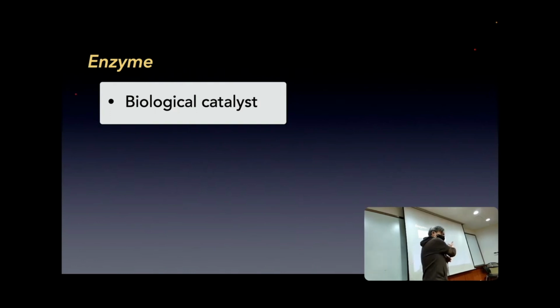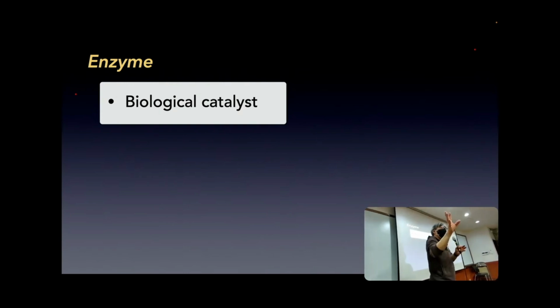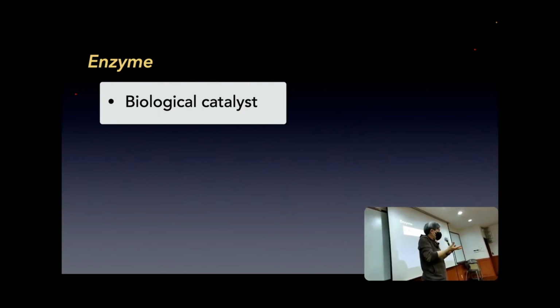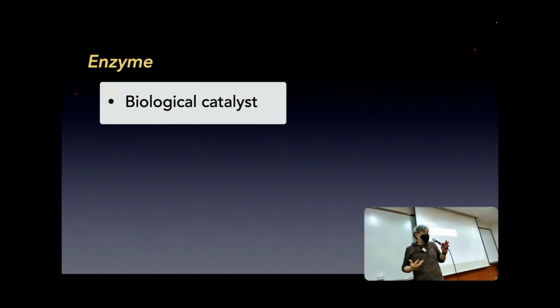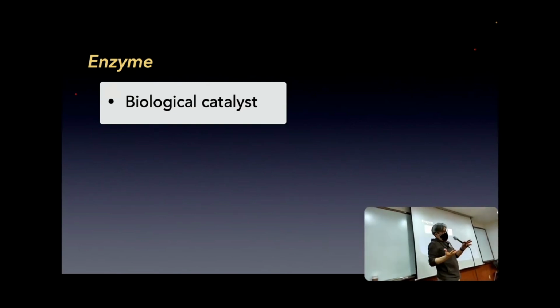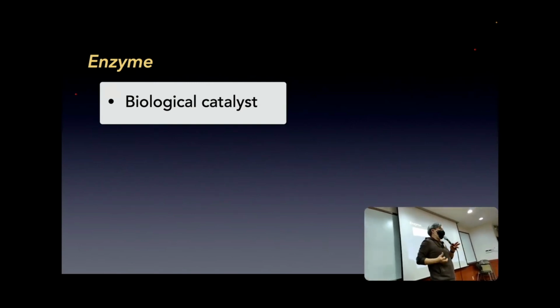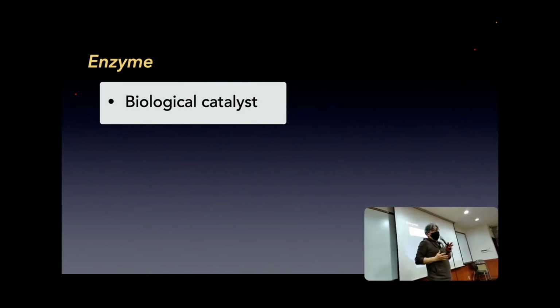So then what? That's why you saw the release of the substrate out of the active site. The important thing here is that the substrate should not stay in the active site for a long period.